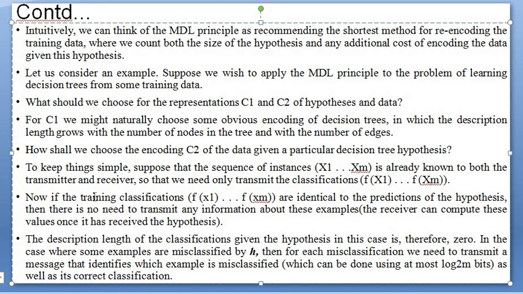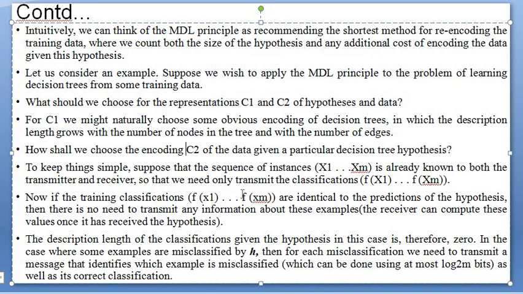Now if the training classifications f(x1), f(x2), up to f(xm) are identical to the predictions of the hypothesis, then there is no need to transmit any information about these examples.